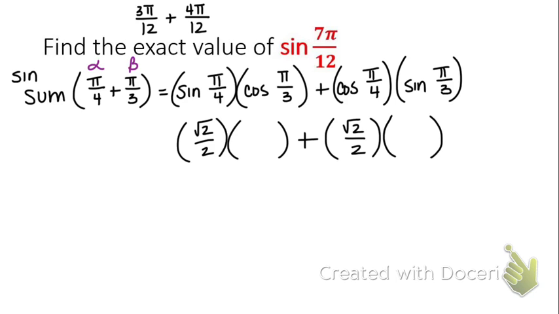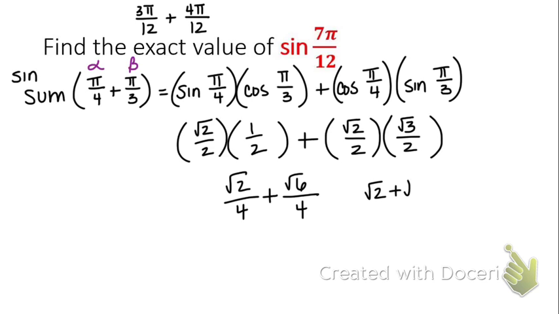Cosine of pi over 3, 1/2. And sine of pi over 3 is root 3 over 2. So you multiply straight across. So my final answer would be root 2 plus root 6 all over 4.